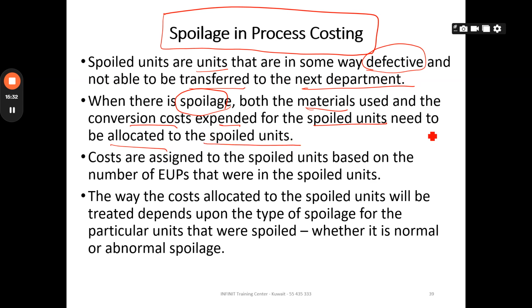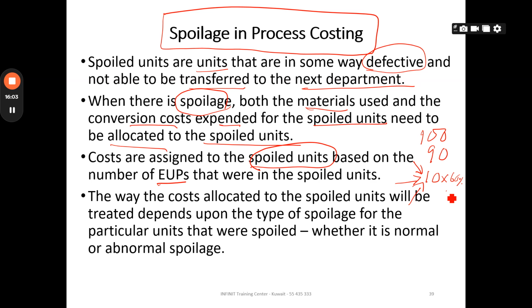So now you have started 100 units, where 90 were good and 10 units spoiled, and you incurred cost on these 10 units, right? So what will we do with this cost spent for these 10 units? Costs are assigned to spoiled units based on the number of EUPs. We can imagine these 10 units were completed 60% only.